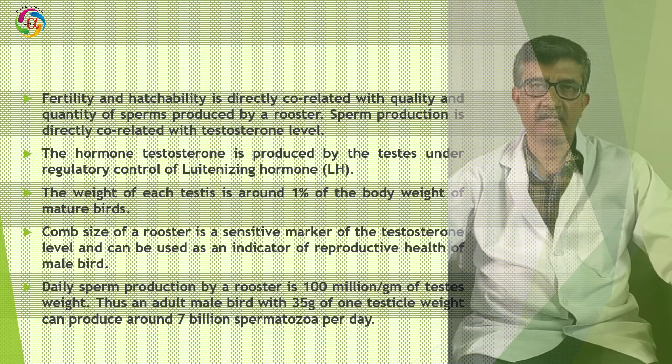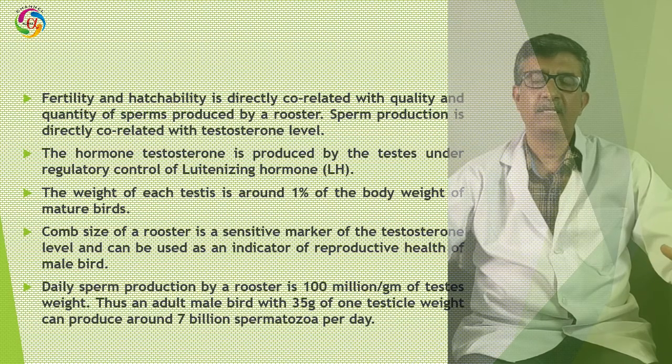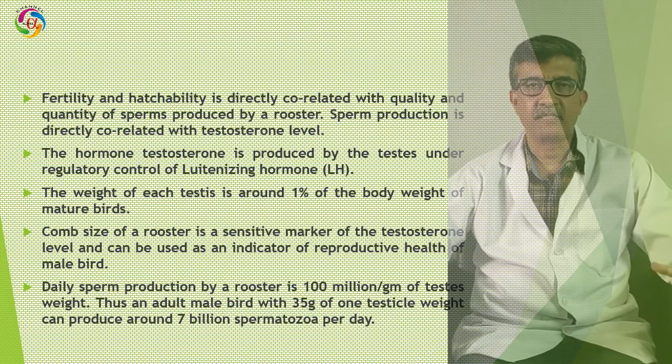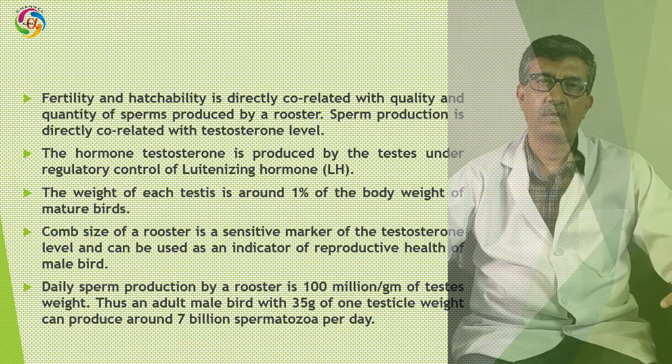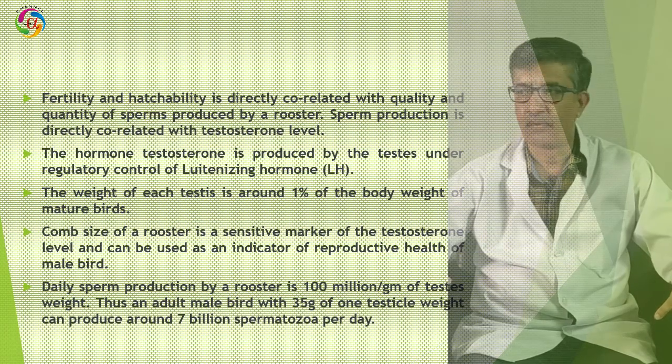Since there are 2 testicles in each breeder bird, the total weight of the testicles will be around 70 grams in an adult rooster of 3.5 kg body weight.